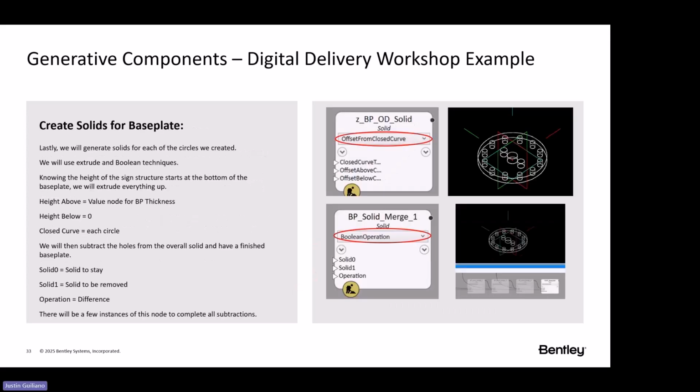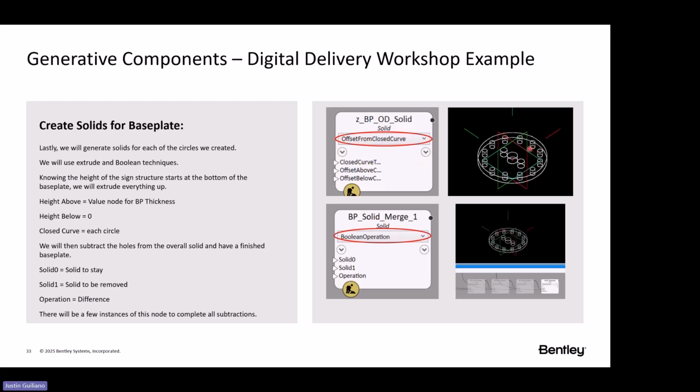Once we have all of the coordinate systems set and the circles built, all we have to do is come in and extrude them. With our solid node, we have a bunch of different techniques we can use. The one we're going to show here is offset from closed curve. That allows you to find any circle or any closed curve object.